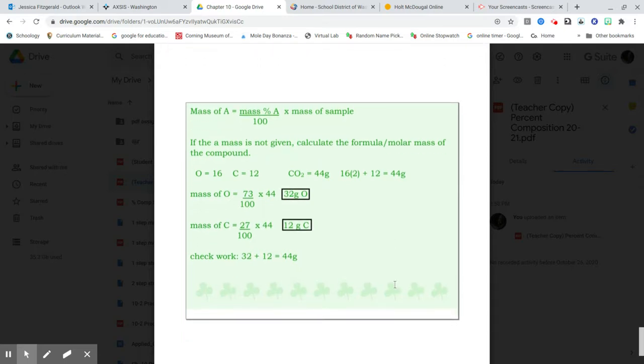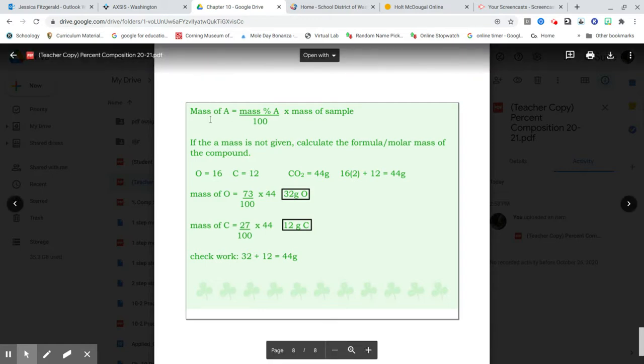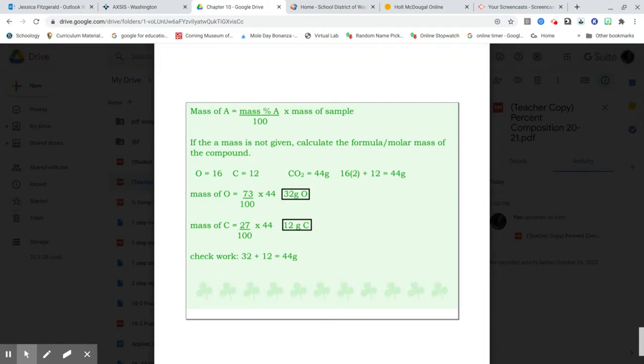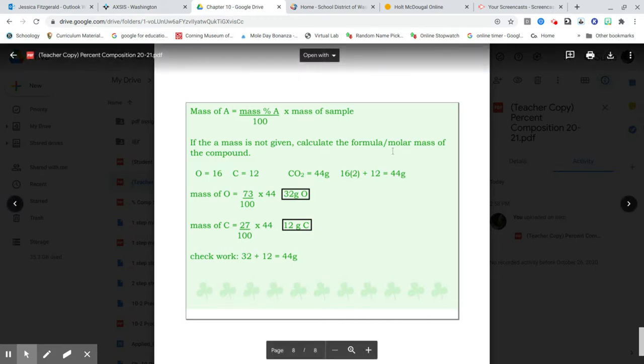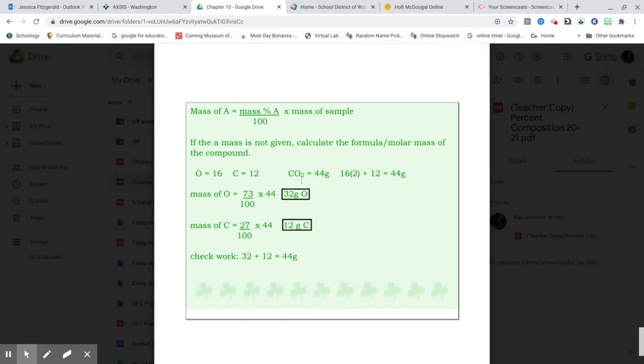Our next one, we're going to find, if the mass of the sample is not given, what do you do in this case when we're working with, again, mass of A? Well, if you're not given a sample mass, just simply use your formula mass or your molar mass of your compound. So this time we're working with carbon dioxide.